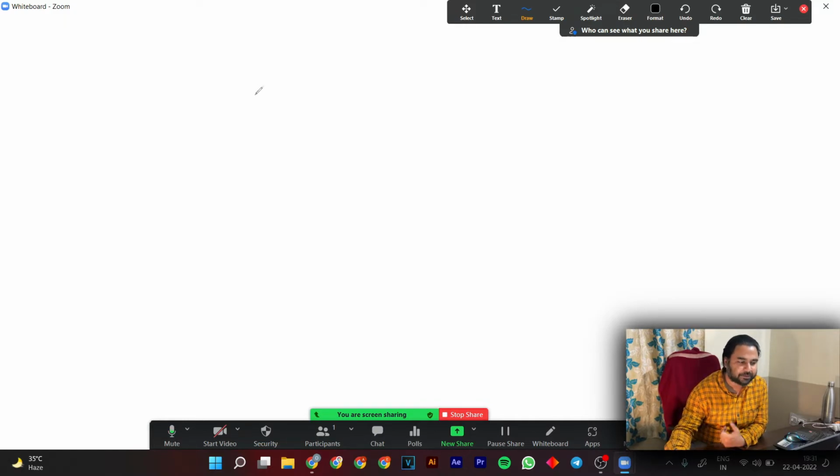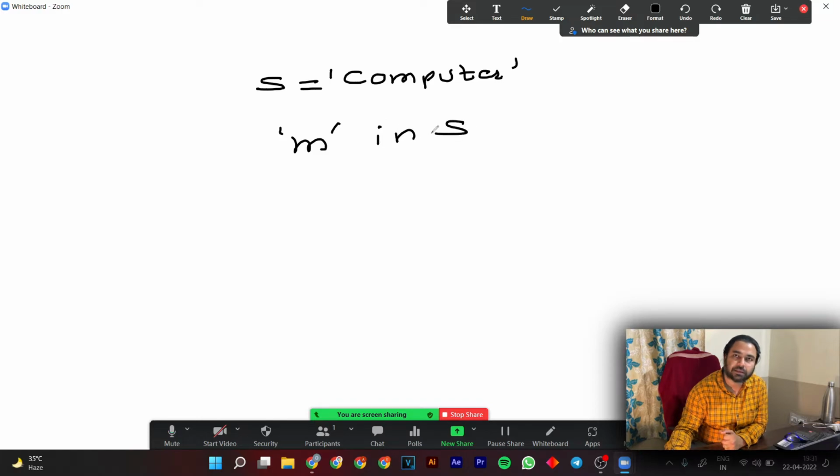For example, look at your screen. If I write S is equal to a string, say the string is "computer", and I want to check whether a particular character is in this string or not, that is, if I write M in S, what am I getting?